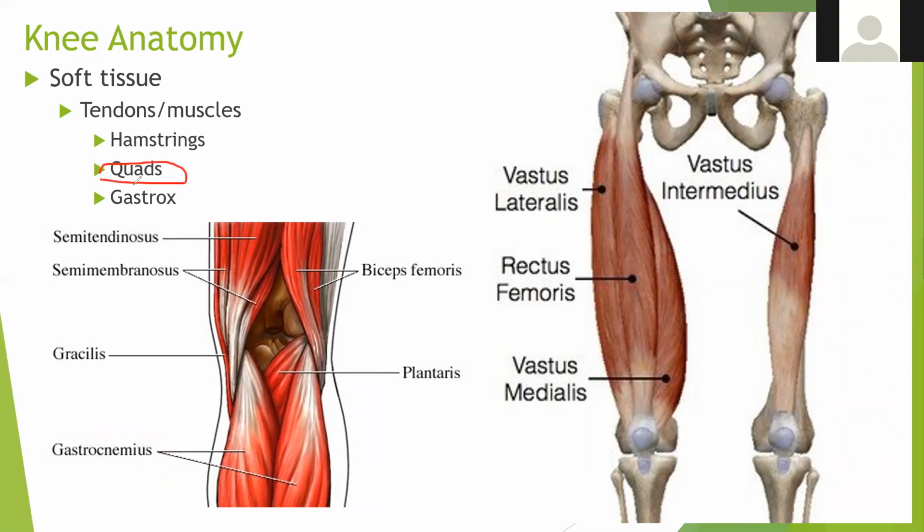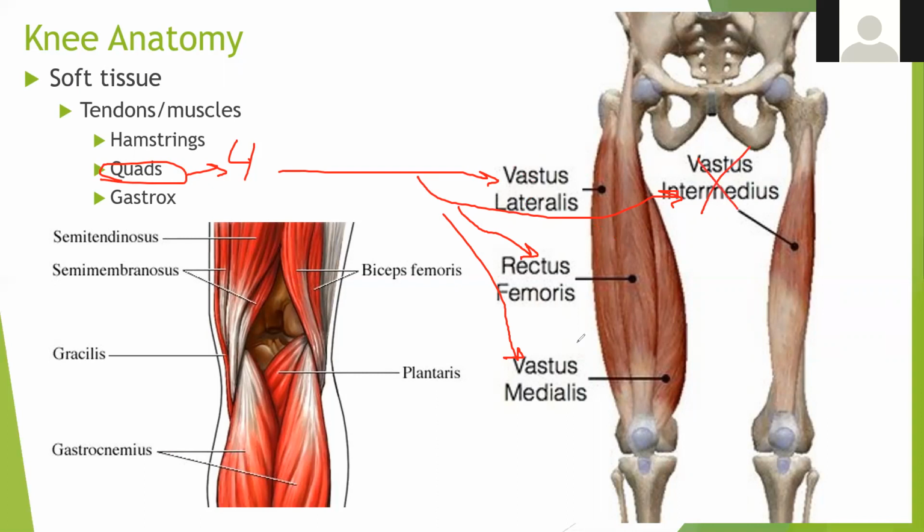Your quads are on the front of your thigh. The name quad means four, so you have four of these muscles. You have vastus lateralis, vastus intermedius, vastus medialis, and rectus femoris. You can't see vastus intermedius.